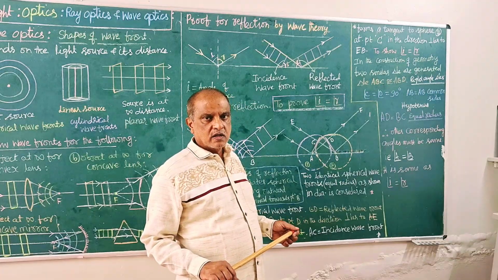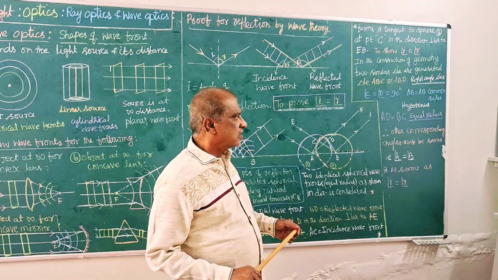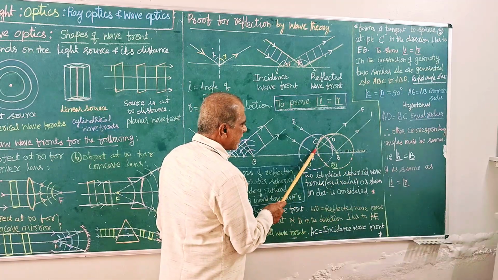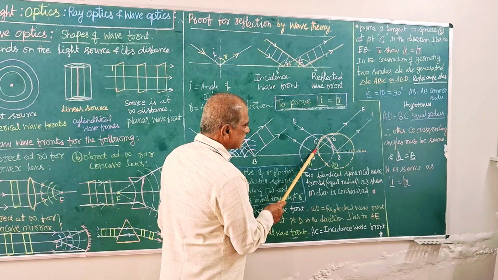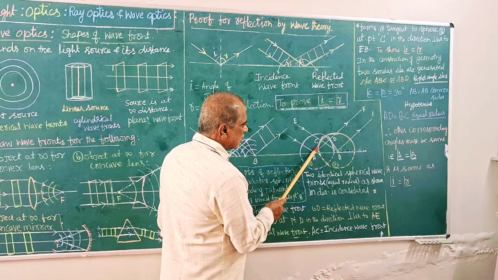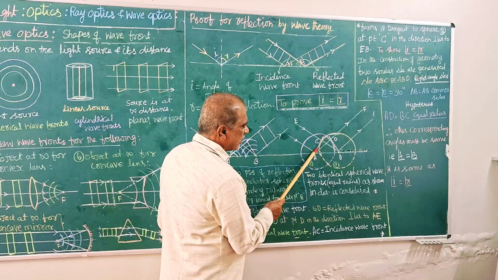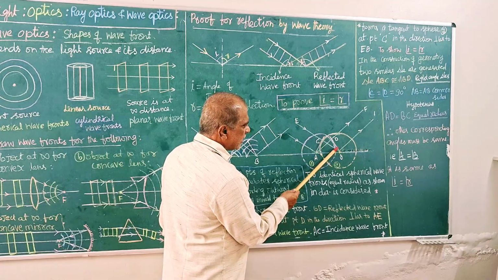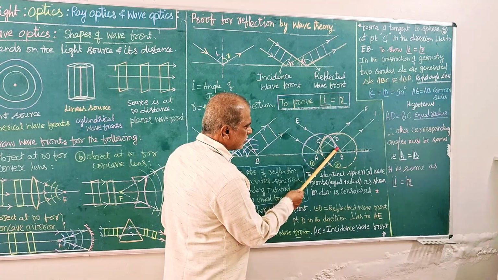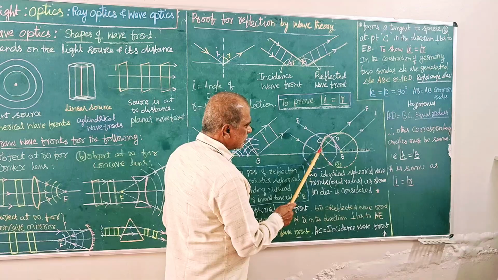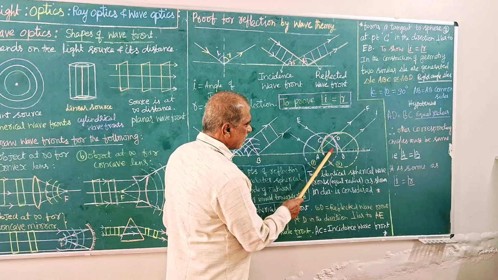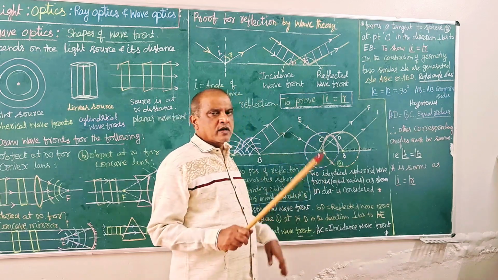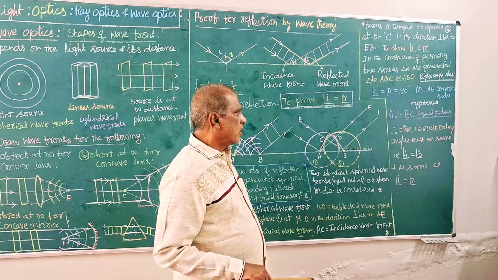And most important are the corresponding angles. What are the corresponding angles? The angle A, that is the angle between this line and the surface, the wavefront and the surface here. And the angle between this wavefront and the surface is R. This is I, this is R. Angle A and angle B are equal, as corresponding angles of similar triangles are equal.